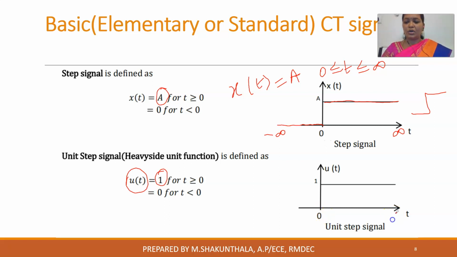So for 0 to infinity the amplitude will be 1 continuously. For minus infinity to 0 the amplitude will be 0. Here the amplitude is A, that is the common step signal. Here the amplitude is 1, that is specifically the unit step signal. Unit step signal is denoted by u of t.